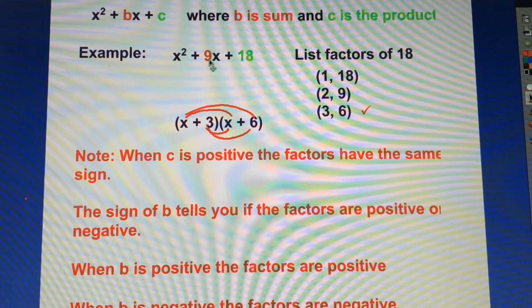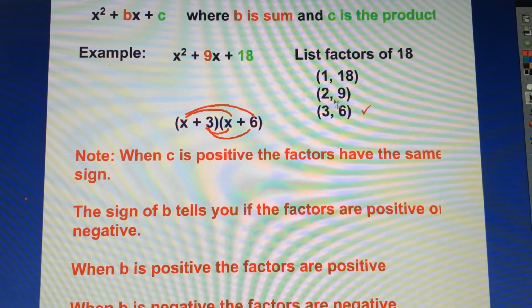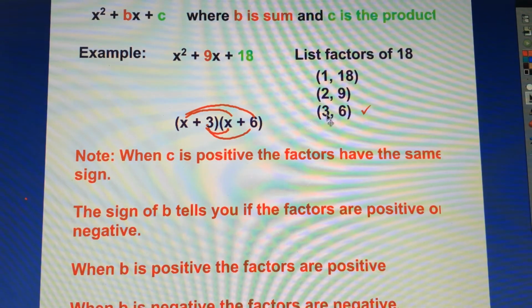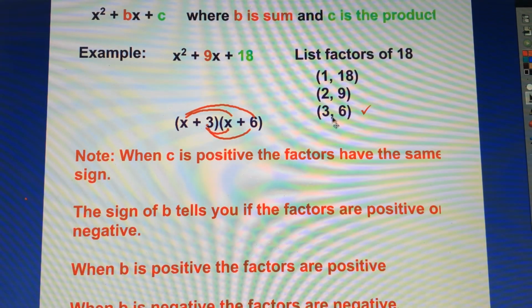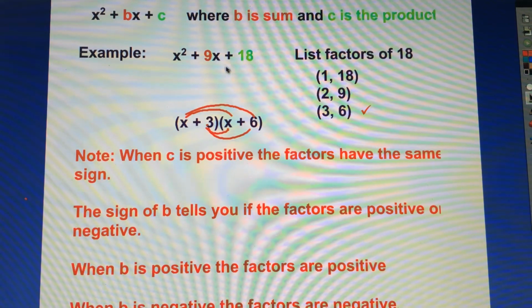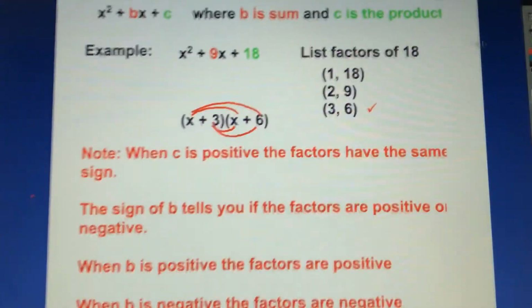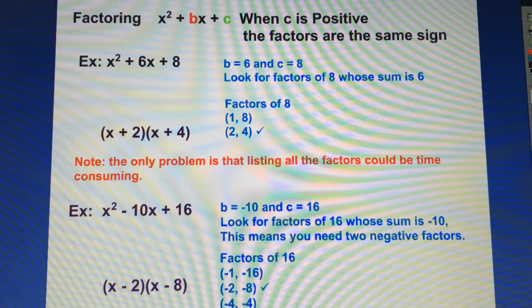The sign of b, however, will tell you if the factors are positive or negative. When b is positive, then the two factors are both going to have to be positive because you're going to add them together. So when you add two positives, you get a positive. When you add two negatives, you get a negative. So if I knew that b was positive, I knew my factors were going to be positive.